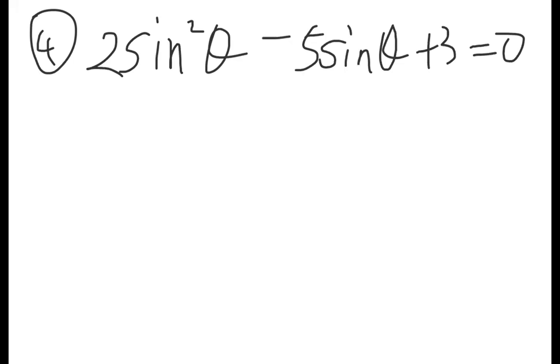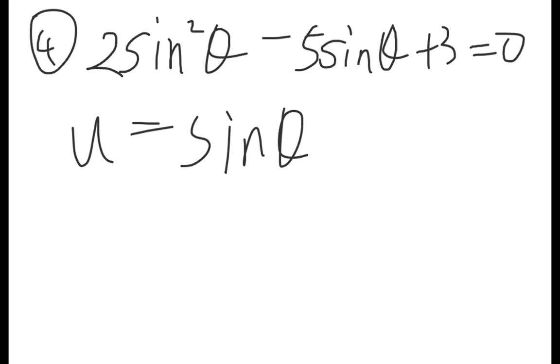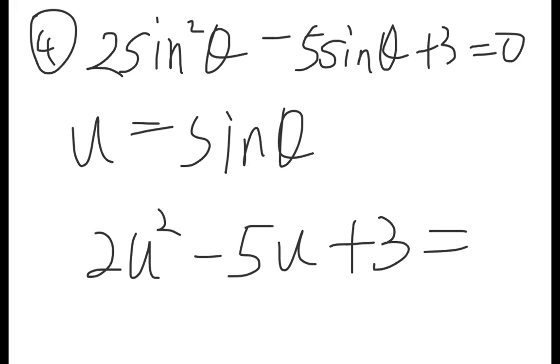So first you can factor it, or basically use the quadratic formula. In this case, we use another variable to represent sine theta. So sine square becomes u square, minus 5 sine becomes minus 5u, plus 3 equal to 0. So this is a quadratic equation, right? In this case, the variable is u, so we want to solve for u.